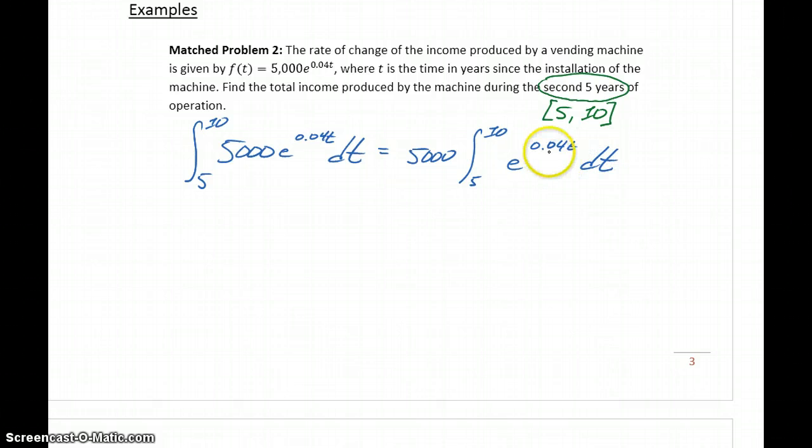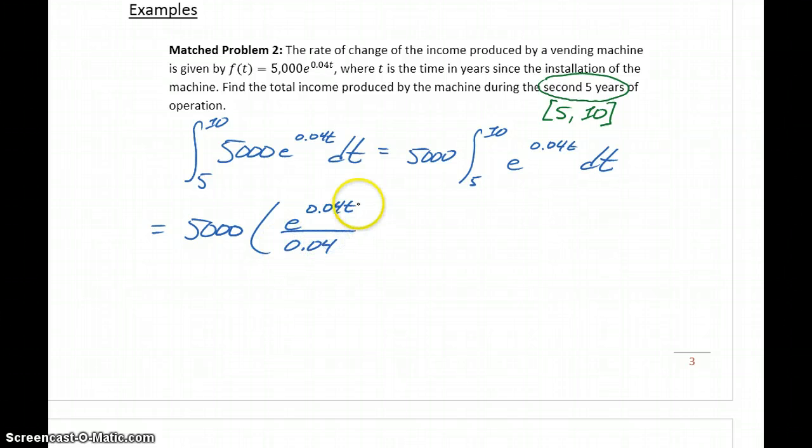At this point, we could tackle this with substitution, or we introduce that shortcut whenever we have something of the form e to some constant times t. So this would be 5,000 times e to the 0.04 t divided by 0.04. And that needs to be evaluated from t equals 5 to t equals 10.